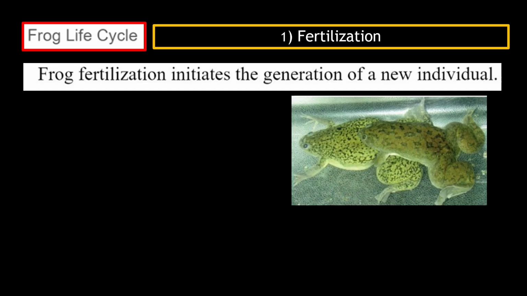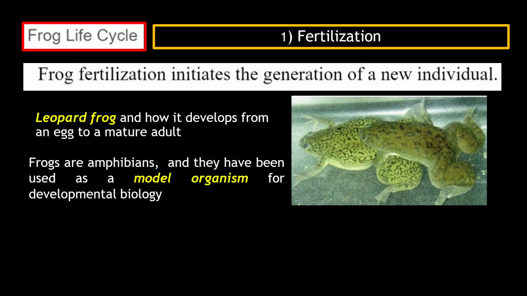Remember that we have been talking about preformation and epigenesis, and here I want to tell you that not only the genes are important in the process of fertilization of the leopard frog, one of the model organisms. The environment plays a key role. Why? Because if they don't reproduce at a specific time, they can run out of food.